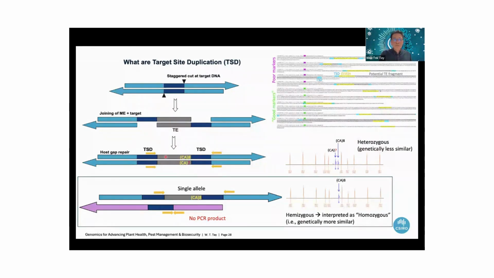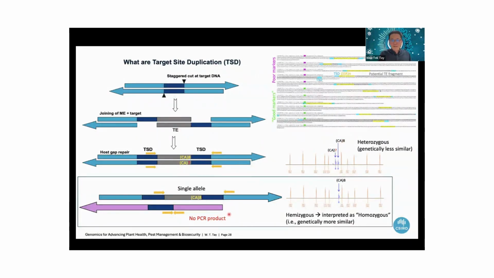The host gap repair mechanism duplicates this region and also this region to encase the mobile element with the repeat units. And if you develop your markers here, you will get, for example, in this case, a heterozygous individual with a repeat unit of 7 or 8 CA.